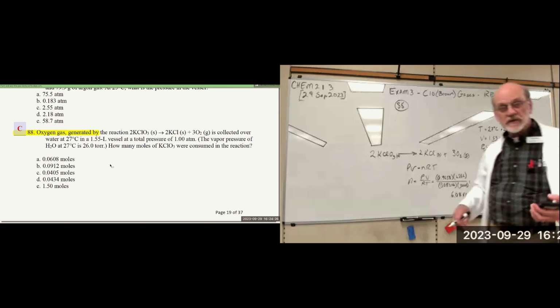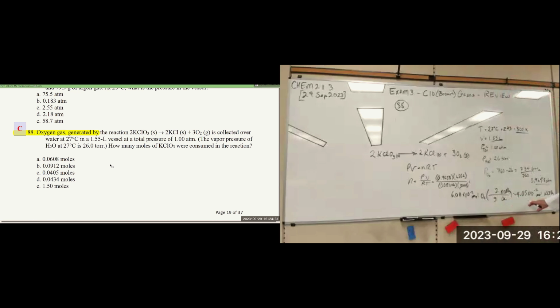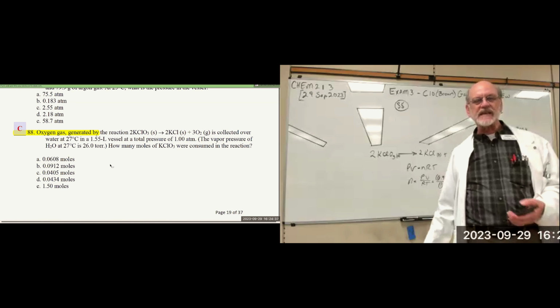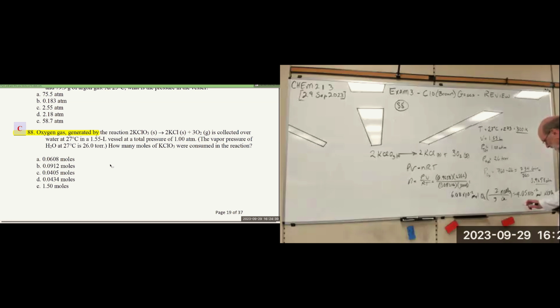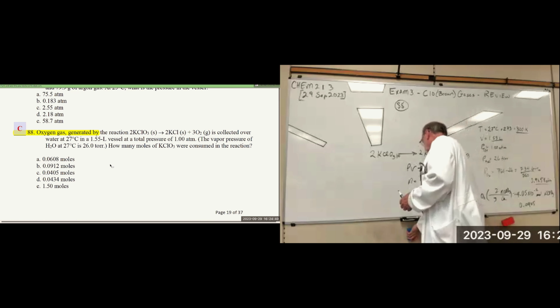Right. The question was, how many moles? Well, there it is. Oh, standard notation. 0.0405 would be standard notation. Okay. 88.